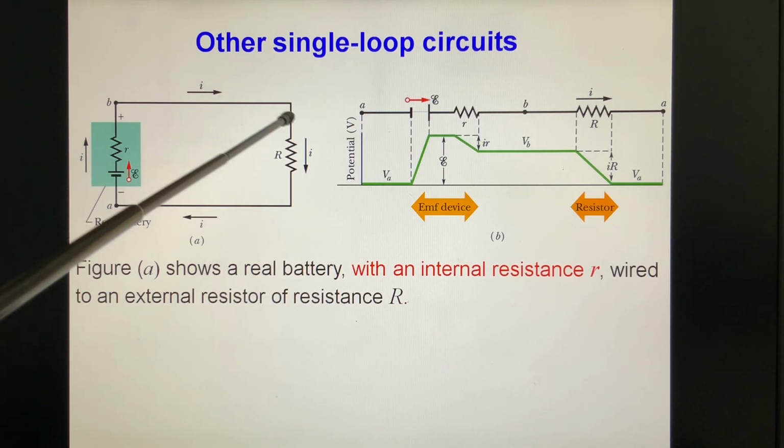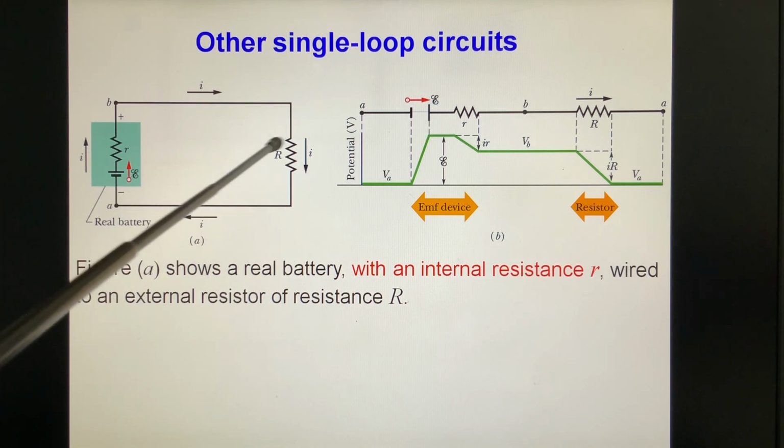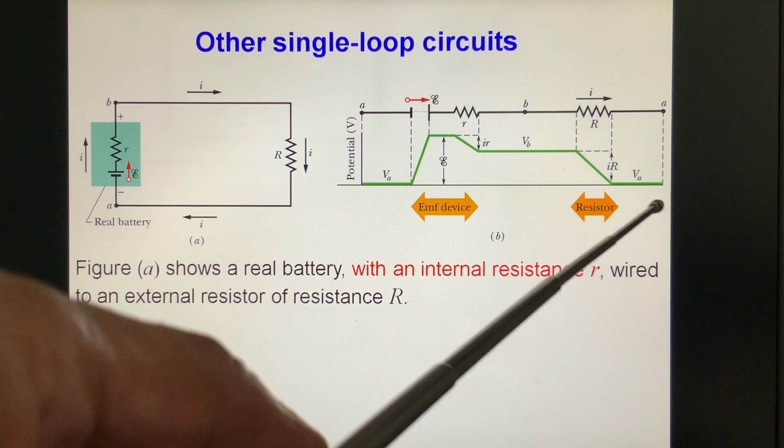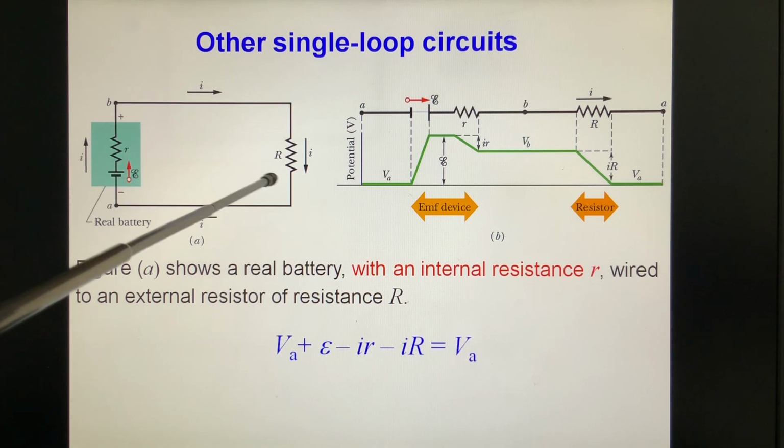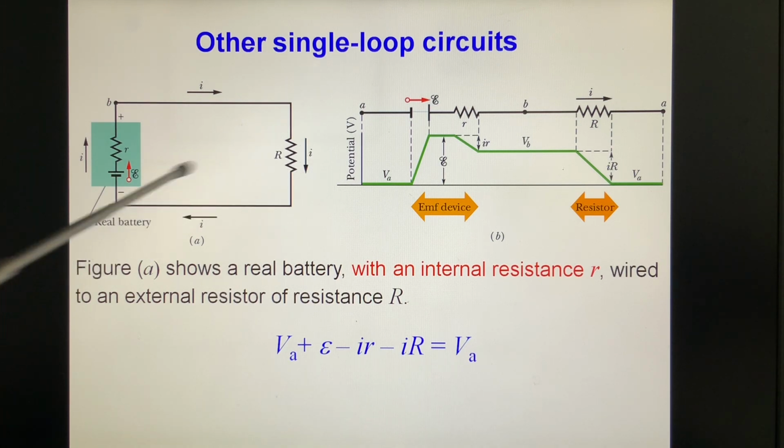When you go along the current through R, you get another minus IR, and go back to the original VA. So VA plus epsilon minus Ir minus IR equals VA. You cancel out VA, and we get I equals epsilon over R plus r. That's the one we just mentioned.